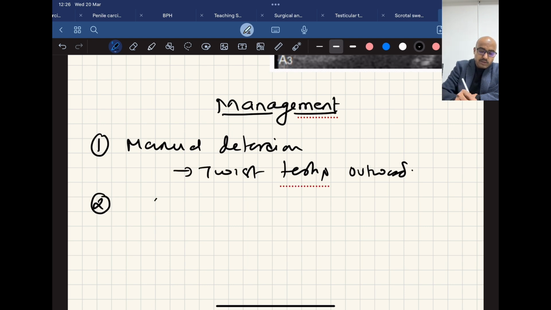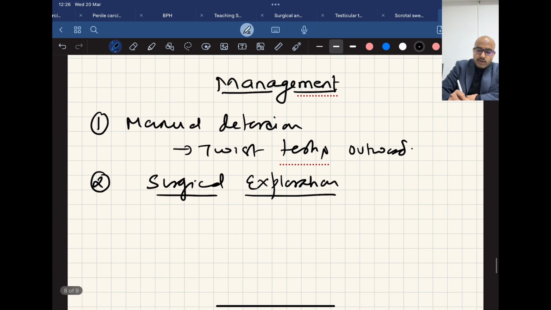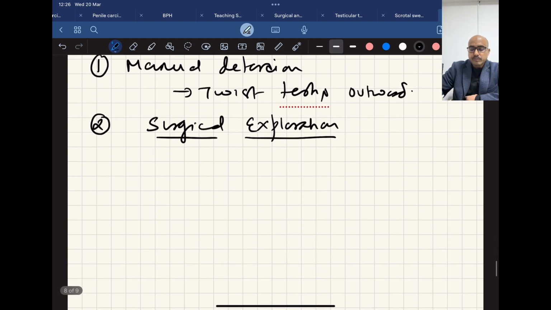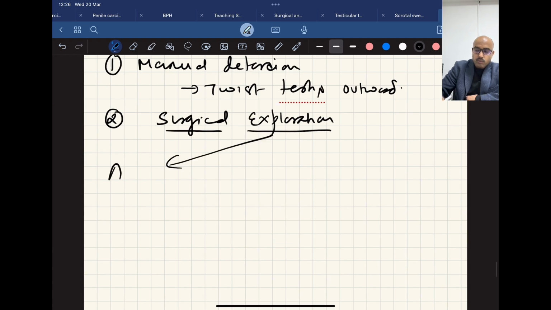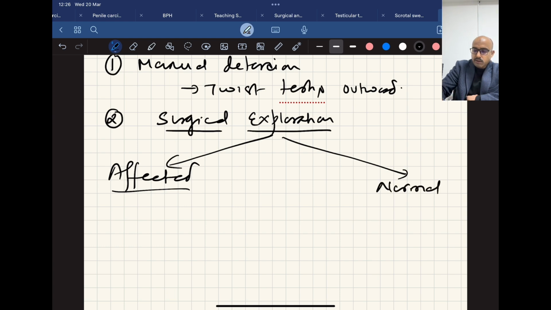So the best one is to do surgical exploration, which means open and see the scrotum. If you open and see, then by that we decide what to do. See, there are two testes, right? So you have to decide for both testes, the affected testis and the normal testis.